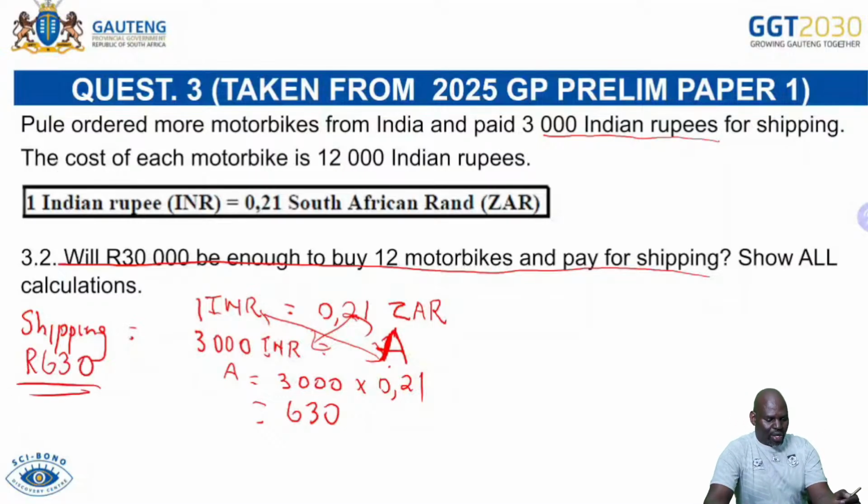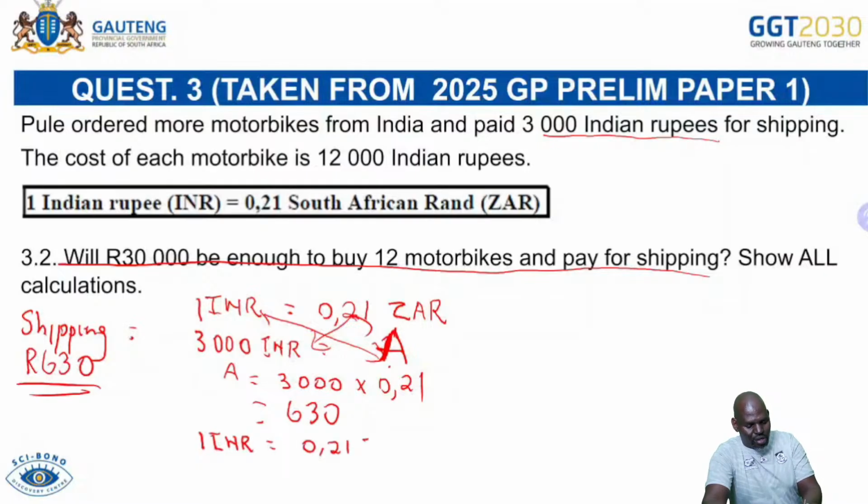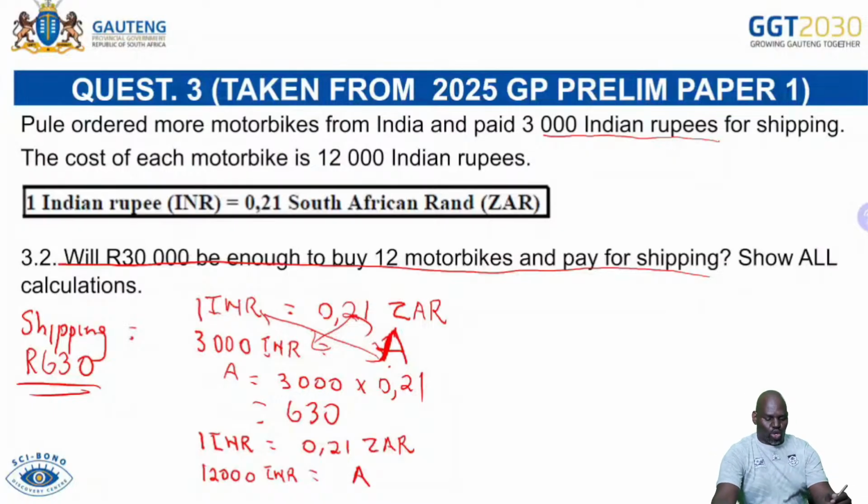Then the next one is the cost of each motorbike, which is 12,000 Indian rupees. Now, let me take this 12,000 and also convert it to rands. The same procedure: 1 INR is equal to 0.21 South African rand. Now I've got 12,000 INR and I want to know the amount, so I cross multiply.